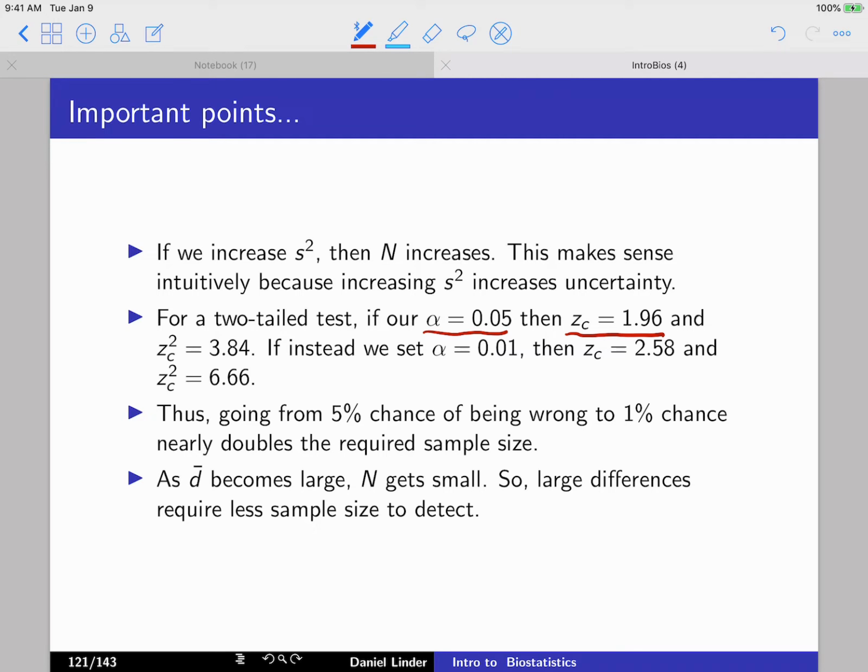You can look that up in a table for the standard normal distribution; it's not important to know this exact number. Now, if we instead set alpha to be 0.01, then the corresponding z that we would need to use is 2.58.